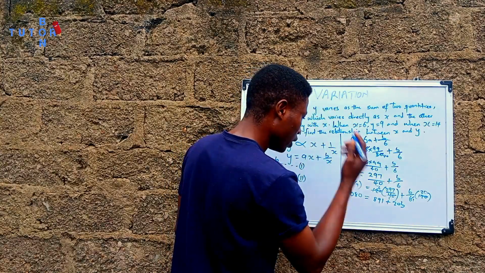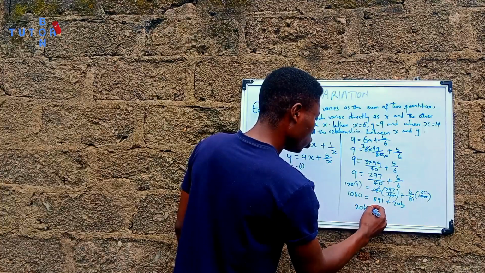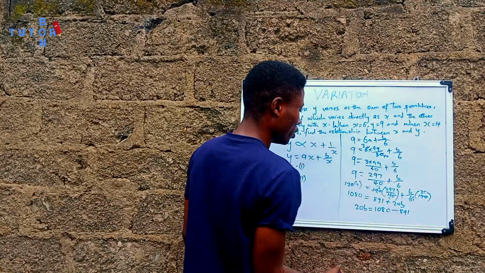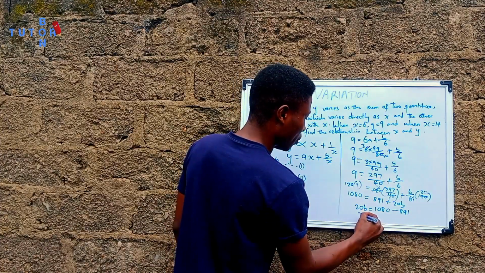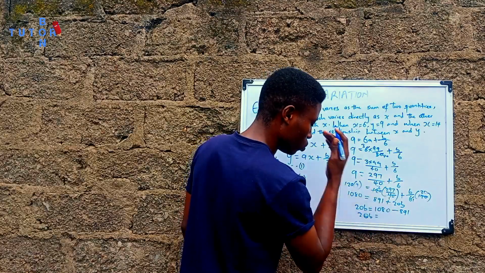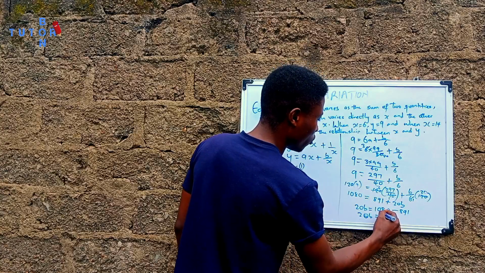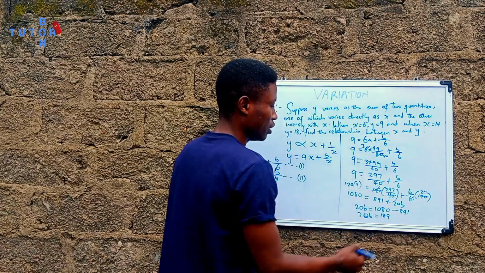So I'll be having 20b equals 1080 minus 891. 1080 minus 891 will give us 189.